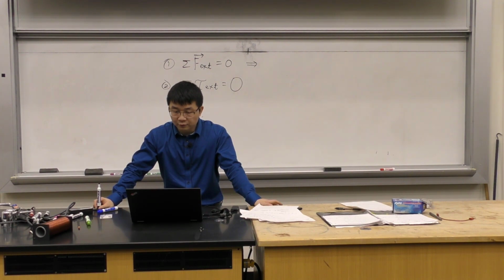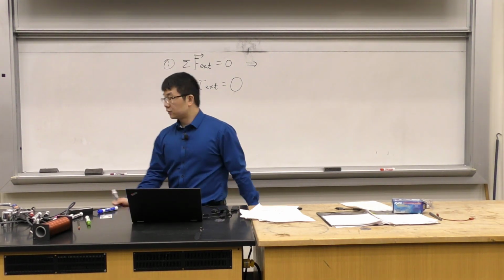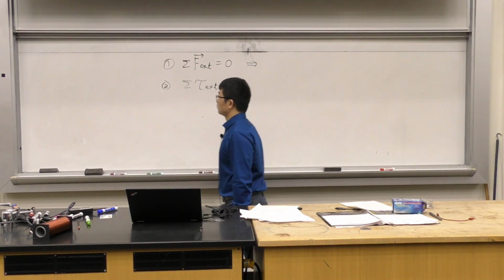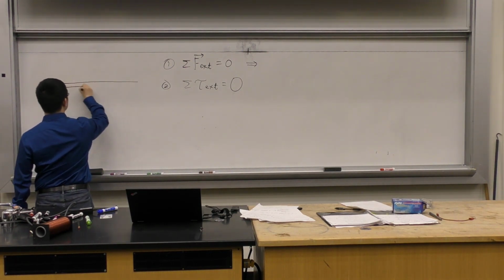We want to find the force each person exerts on the beam, okay? Don't just divide the gravity of the beam by 2. You're not going to get a simple problem like that, right? We're still going to use these two conditions to solve the problem. So let's first draw it out. Draw the free body diagram of the beam.